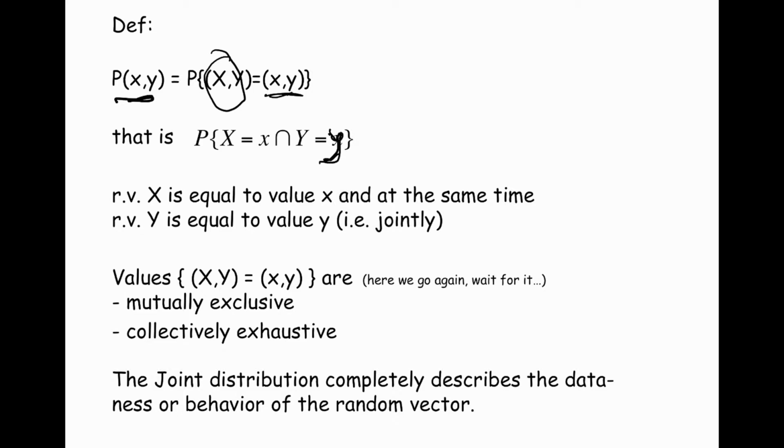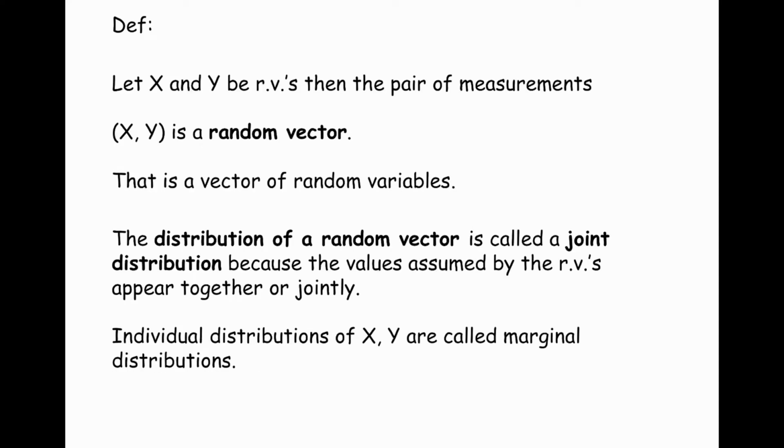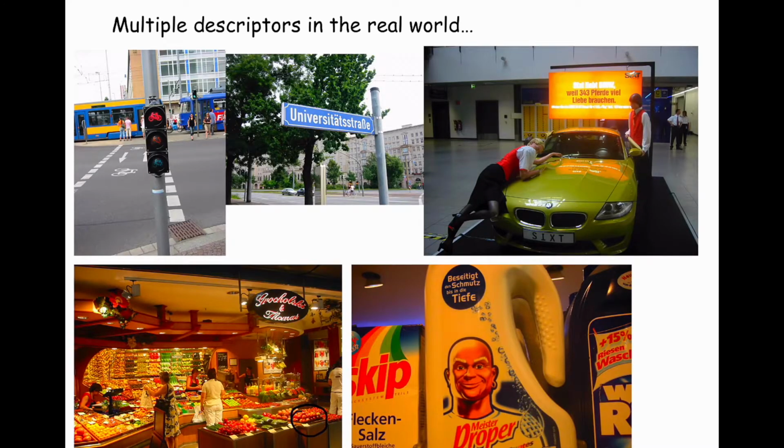So the joint distribution then completely describes what's called the aboutness or the dataness, how this particular data behaves, if you will, right? So you don't see purple apples. Maybe at some point with some genetic engineering or what have you, you might see purple apples, but you only see certain colors associated with certain shapes for an apple. Some apples might be elongated or more oblong.